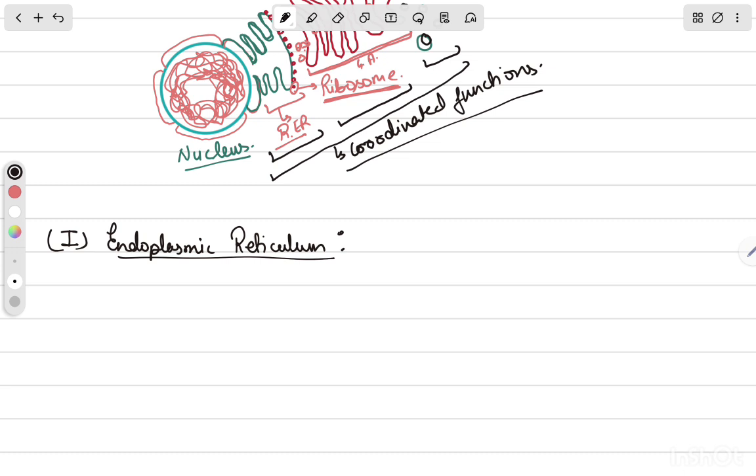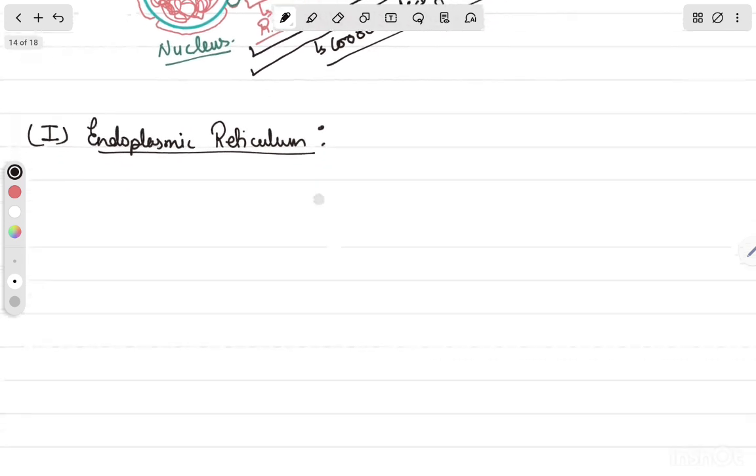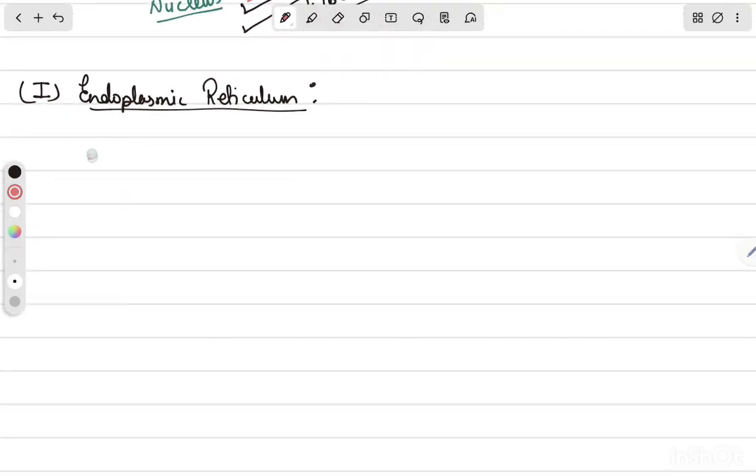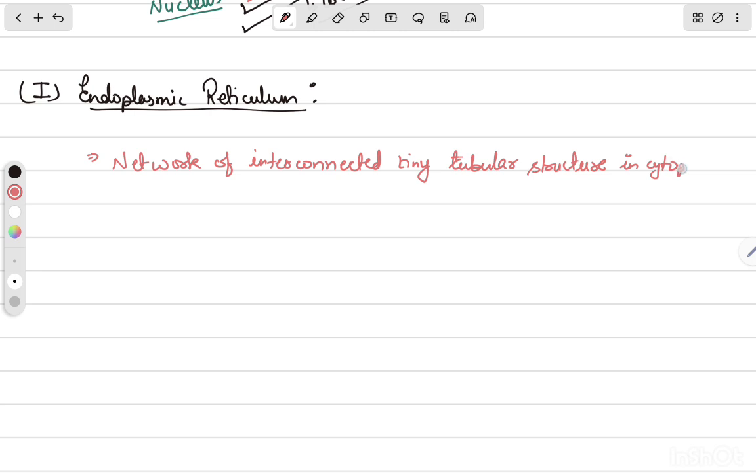So, the definition of endoplasmic reticulum: it is nothing but a network of interconnected tiny tubular structures in the cytoplasm.